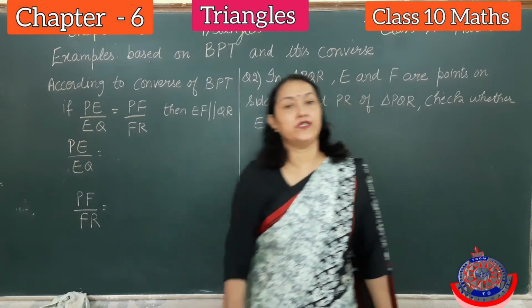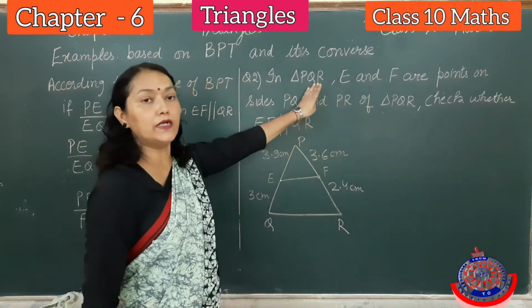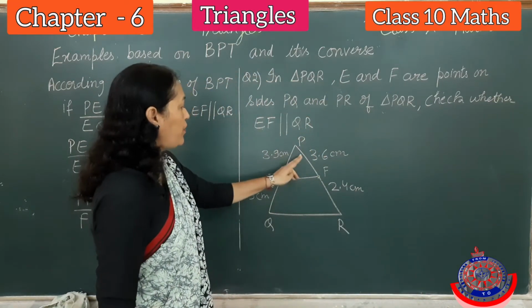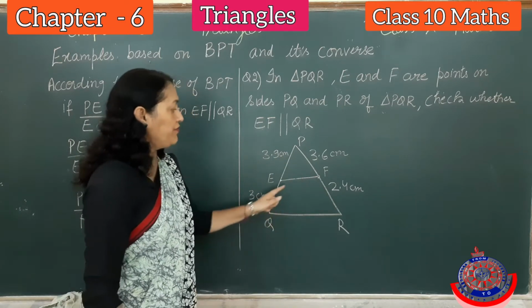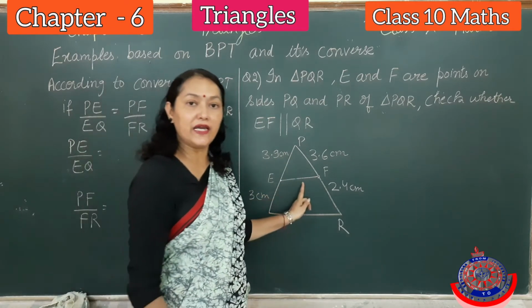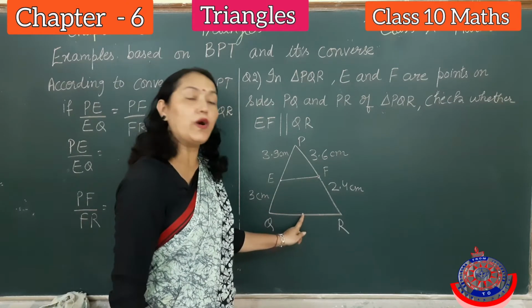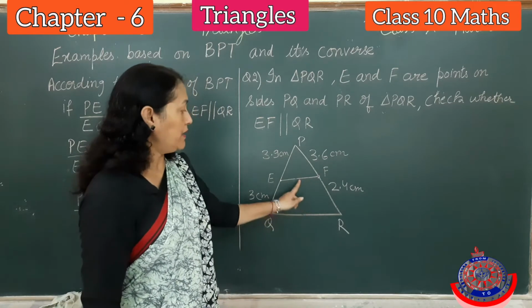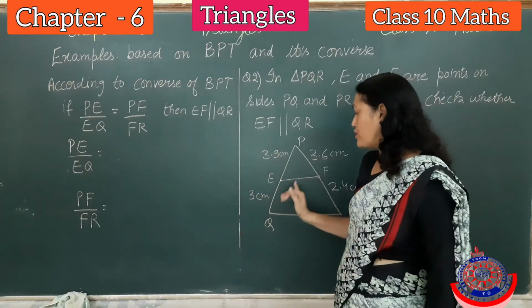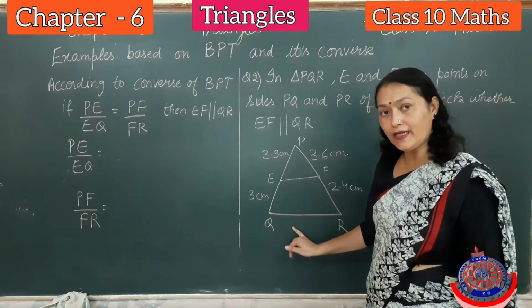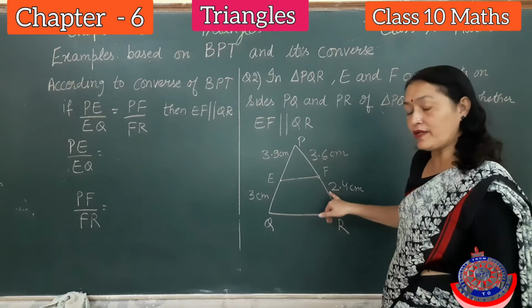In the next question, they have given us a triangle PQR. E and F are points on the sides PQ and PR. We have to check whether this line EF is parallel to QR or not. In BPT, they have given that a line is drawn parallel to one side, and then we were finding the missing values.